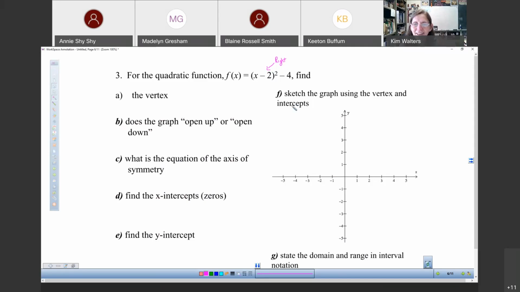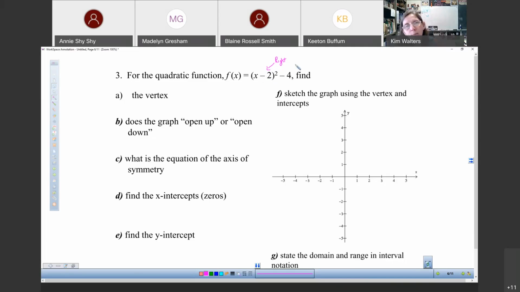I only got one correct answer. The -2 causes it to move to the right. Remember it's the opposite when it's inside. The other way you can do this is think about x minus 2 equals 0, so x would be equal to +2. We're not going to miss that on the test now.